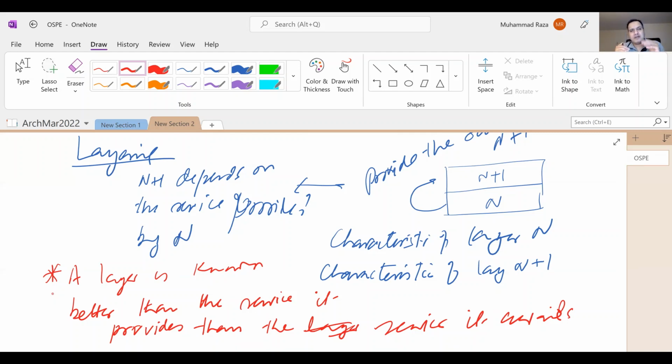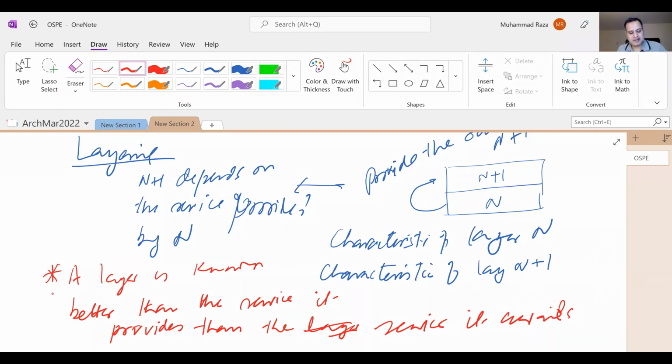If layer n is the layer below, then I provide a service to n+1. n+1 cannot say proudly, hey, I take the service from n. So the credentials of a layer are based more on the service it provides than the services it takes, not on a service they depend upon.